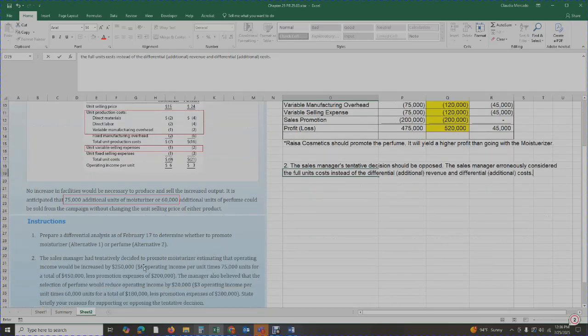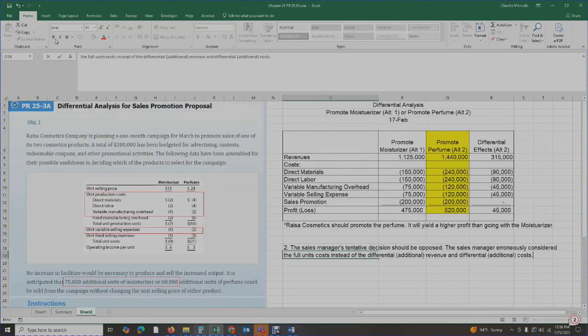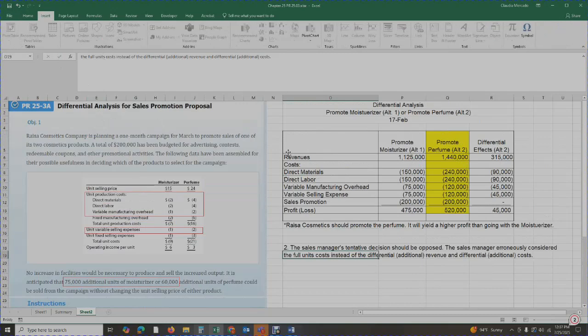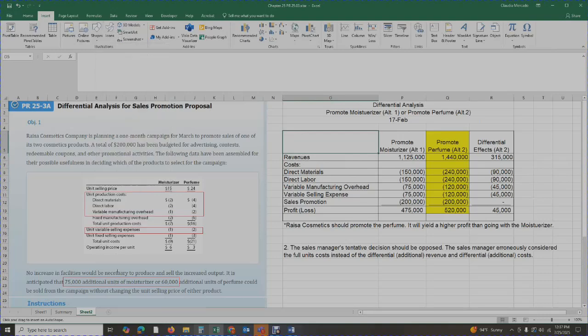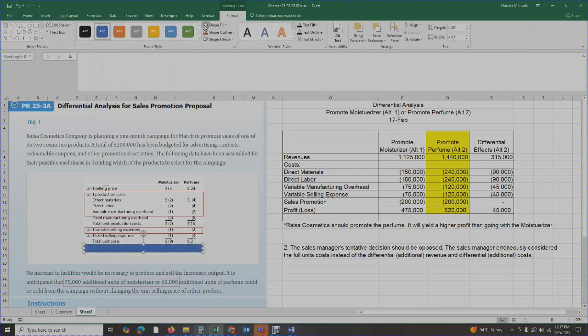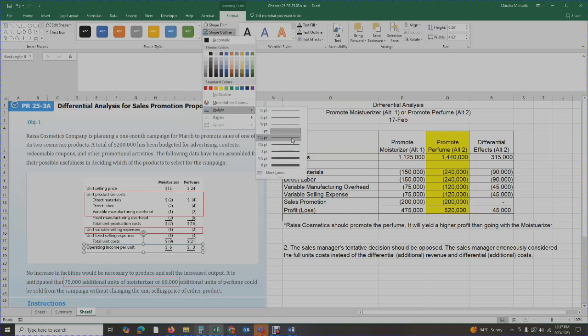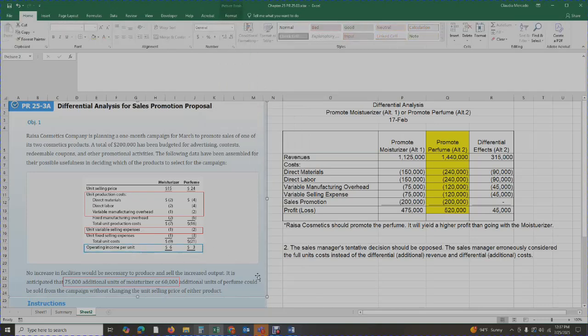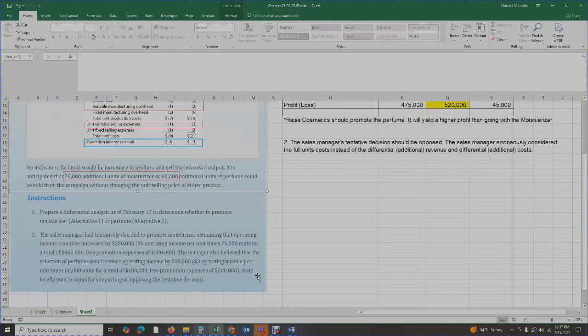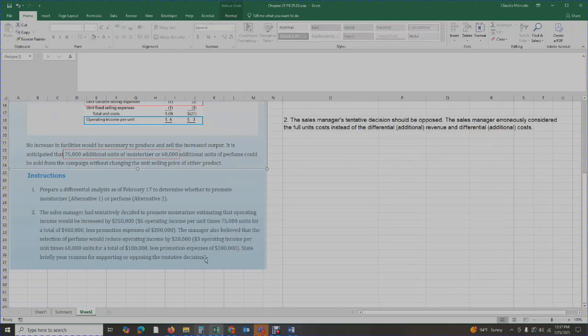In this example, they picked up the 6 and the 3. So what are they doing here? They're picking up these numbers down here, which is incorrect. Why is it incorrect? Because those numbers include your fixed costs, which were not going to be impacted. So we're picking up the incorrect amounts. That's why we are calculating a loss for the perfumes.